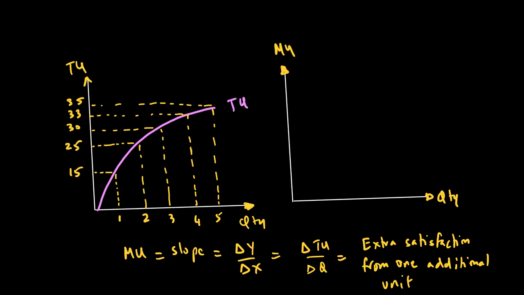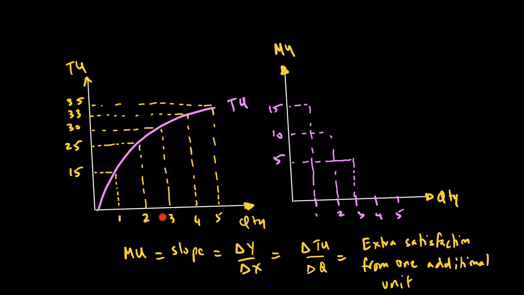So for the extra satisfaction from one additional unit, for example, for the first cup of tea, it is 15. If I put the first cup of tea as 1, and then 2, 3, 4, and 5, for the first I get, for example, 15. For the second, I get 10. For the third, I get 5.